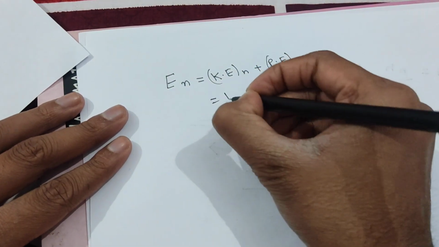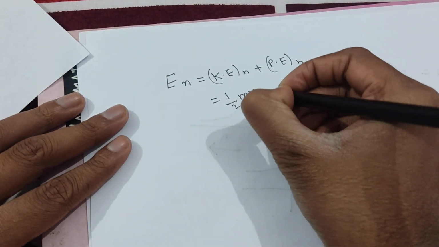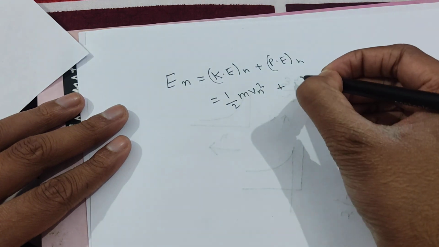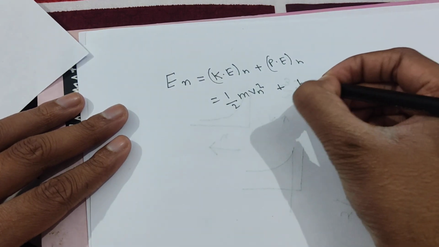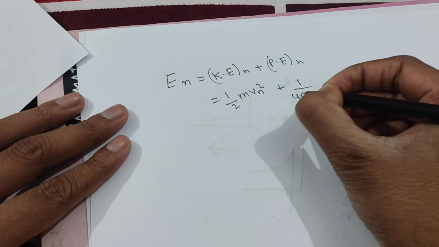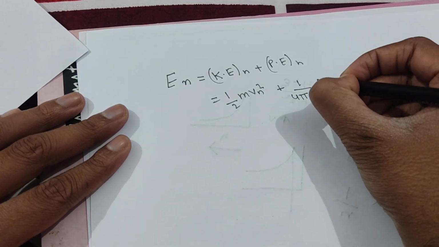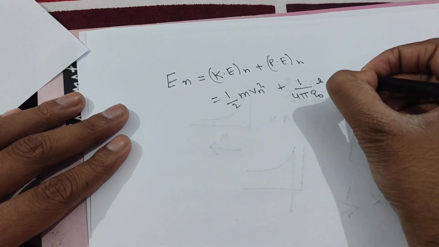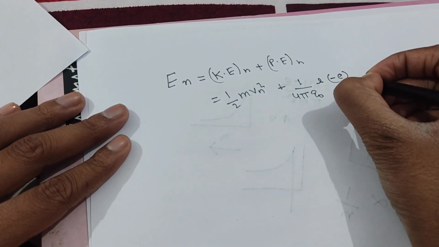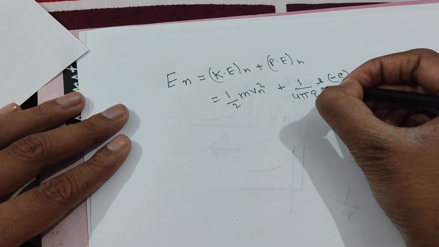We know the kinetic energy is half m v_n squared, and the potential energy has 1 by 4 pi epsilon naught and a negative sign, e squared by R_n.